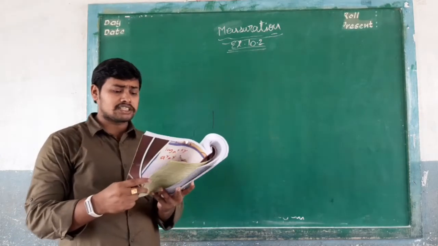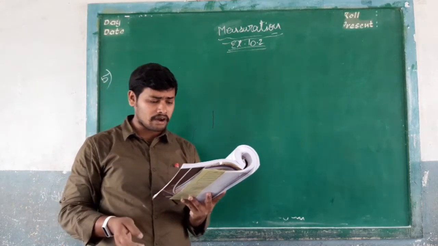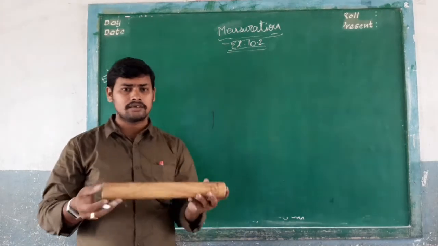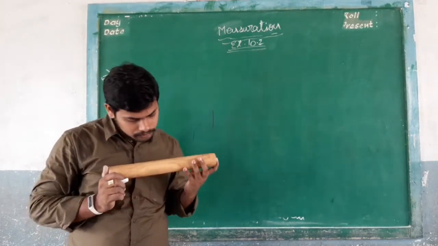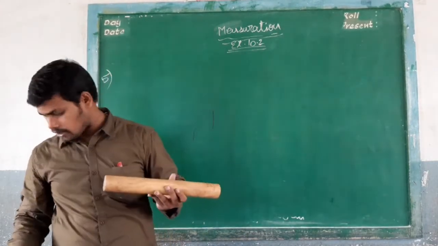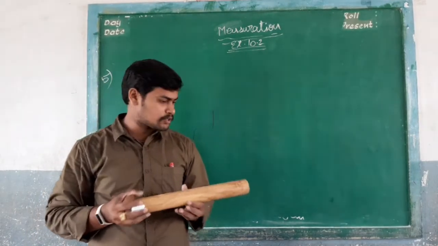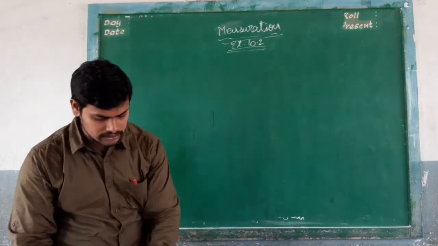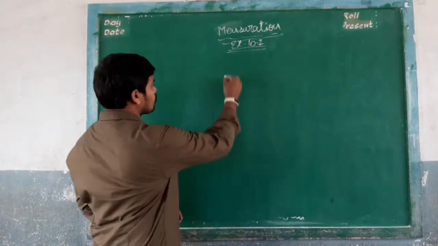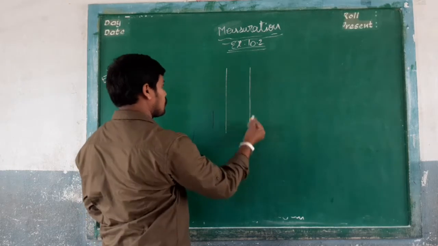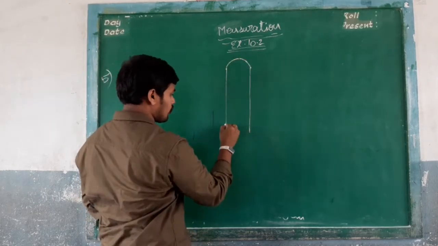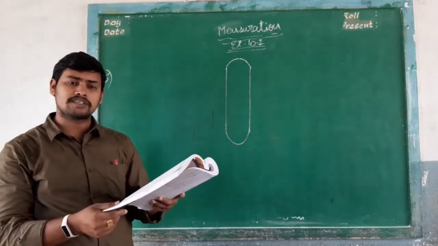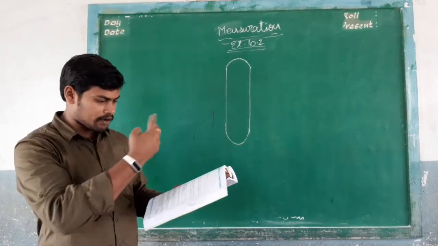A storage tank consists of a circular cylinder with a hemisphere stuck on either side. The storage tank has a hemisphere on both sides. This side is also a hemisphere and this side is also a hemisphere.